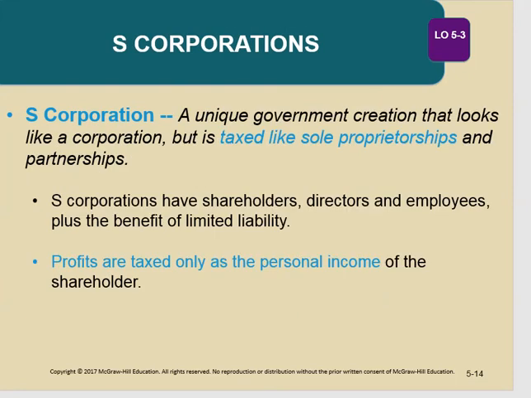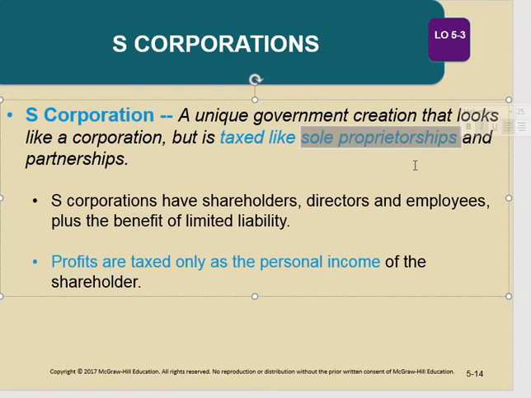Then we have an S corp. An S corp is very similar. It's kind of a hybrid. It has some of the benefits of a C corp, and it kind of looks like a sole proprietorship. So for an S corp, you are taxed at the individual level, like sole proprietorships.